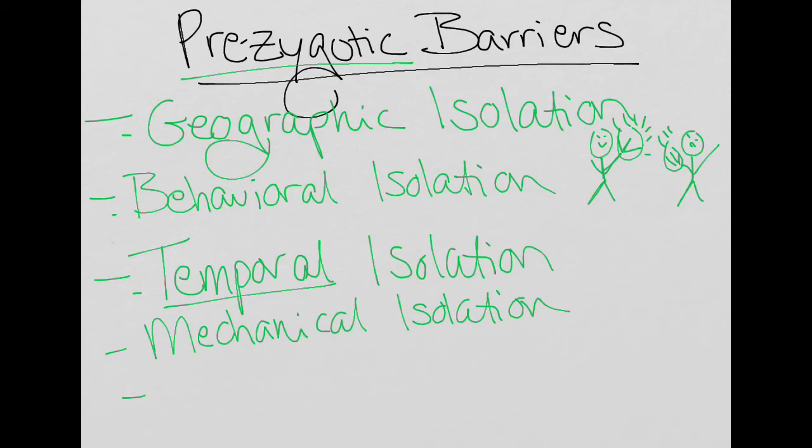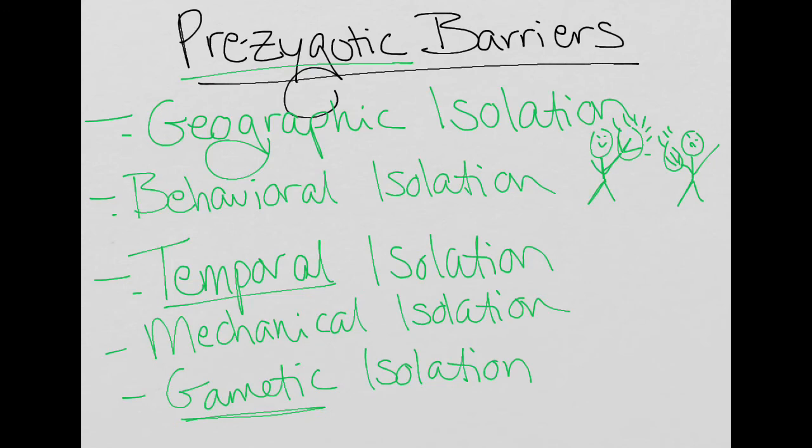And last but not least, there is gametic isolation. And in this case, the organisms can go through the act of mating, and yet when sperm and egg meet, the enzymes that the sperm needs to digest the outer coating of the egg so that it can fertilize the egg, they don't match.